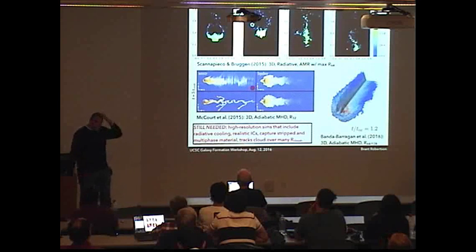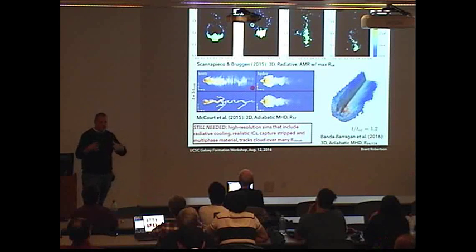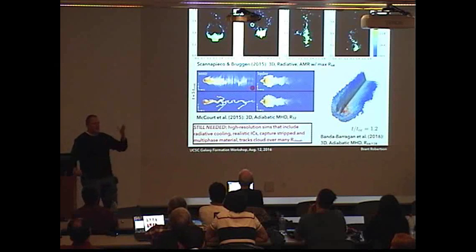So what is still needed? Well, I agree these are very high-resolution simulations. I think you need high-resolution simulations that capture radiative cooling, so there's some simulations that haven't gotten there yet. They need realistic initial conditions. Most of the simulations shown here just take a spherical cloud and hit it. But what happens when you hit a turbulent interstellar medium cloud with a hot wind? Does that change the picture at all?